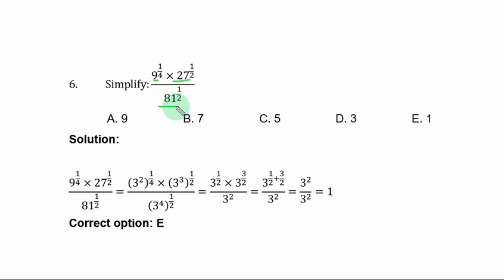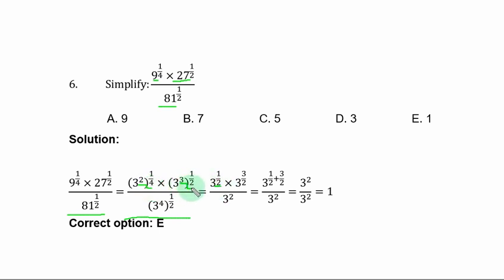Looking at the bases 9, 27 and 81, you can express them to the lowest base of 3. You have it in this form. Now let's apply the power law to simplify the power. So here you have 2 times 1 over 4. That simplifies to 1 over 2.